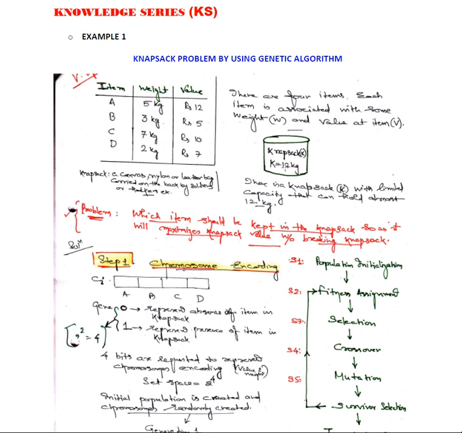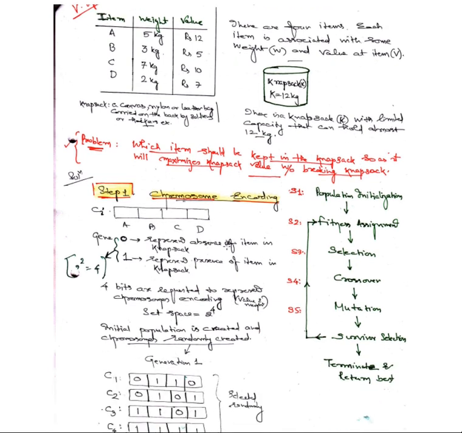You cannot put 17 kg inside, the maximum is 12 kg, so you have to select which combination can fit. That is the problem: which items should be kept in the knapsack so as to maximize the knapsack value without breaking the knapsack. That is how we have to look at the problem.